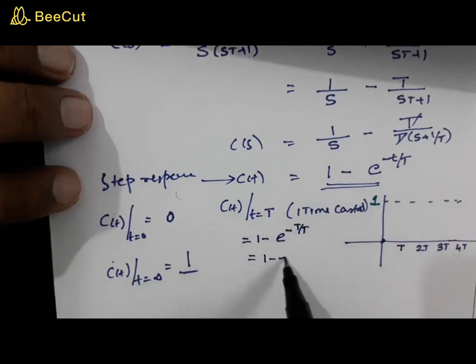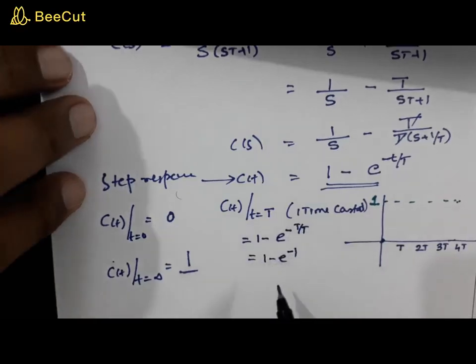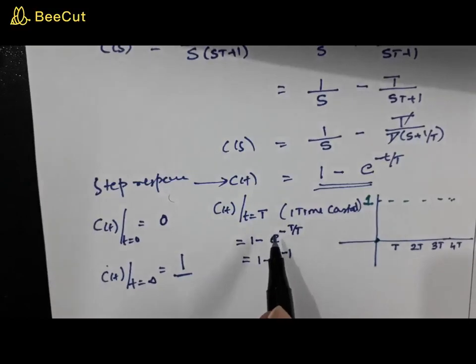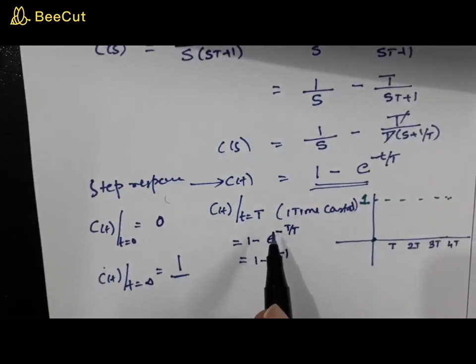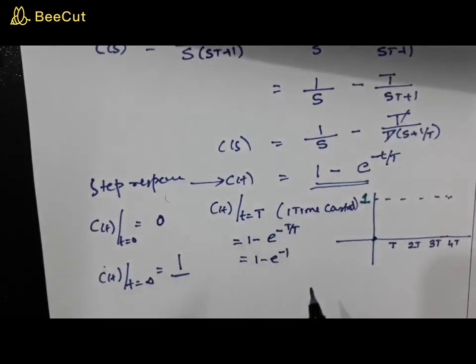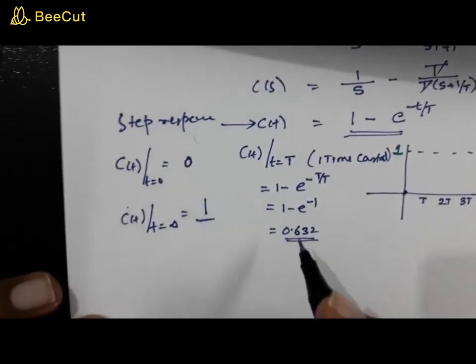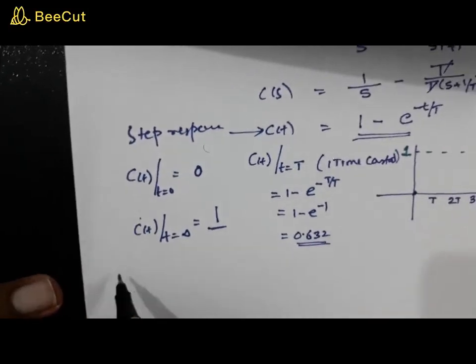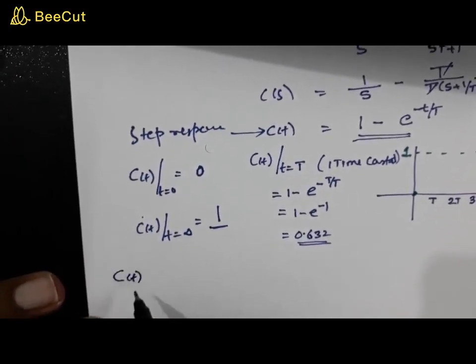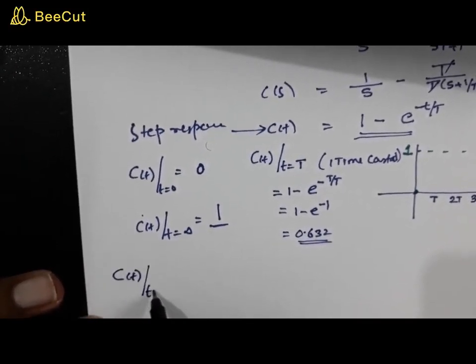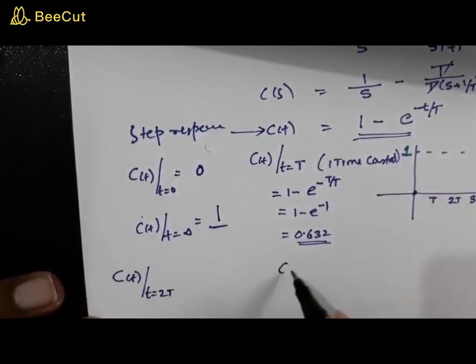Or this is going to be 1 minus e raised to minus 1. Now this you can find out from the calculator. Okay, so you will get this as 0.632.